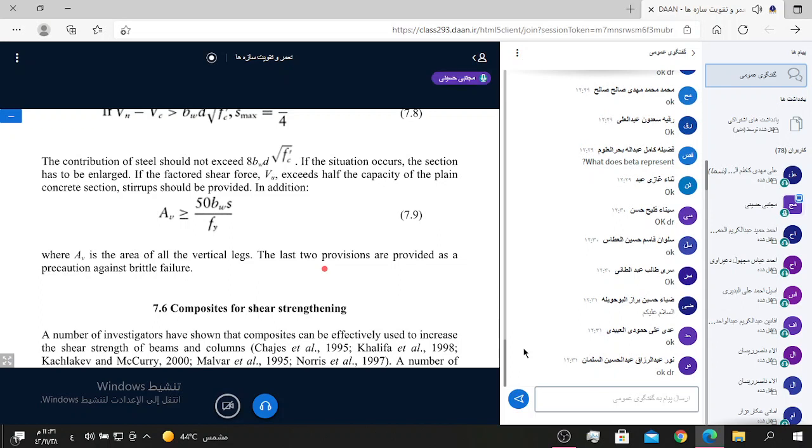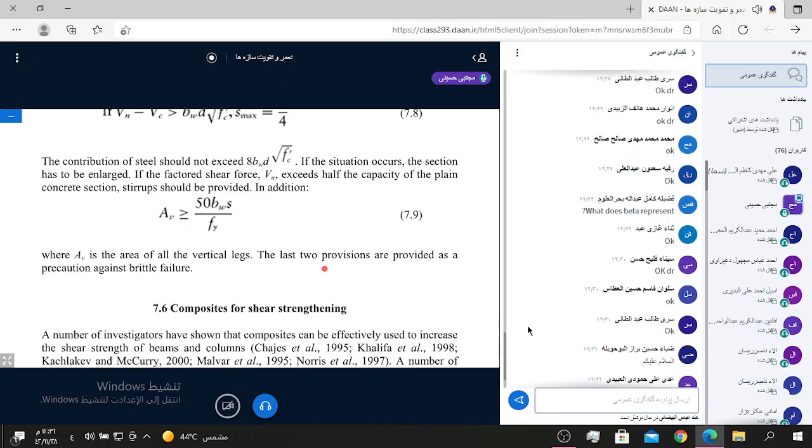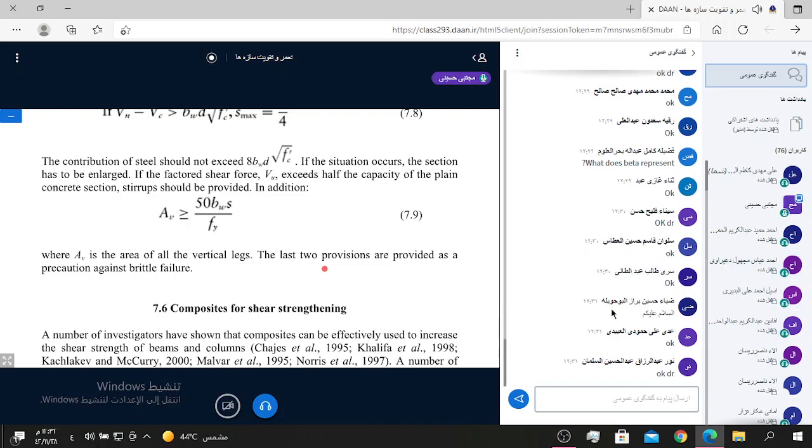And also, these last two provisions are provided as a precaution against brittle failure. They are very important.